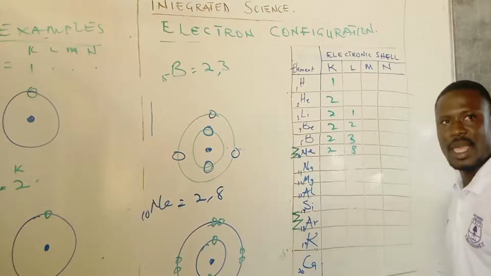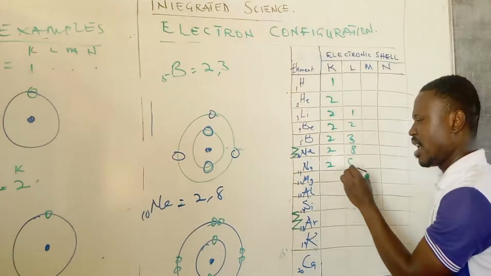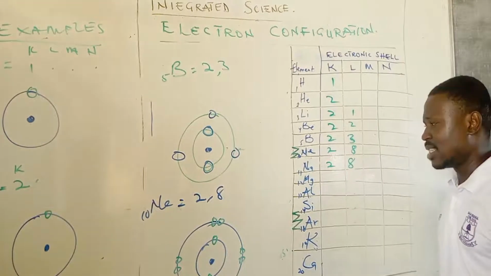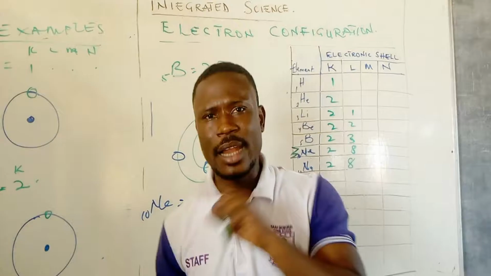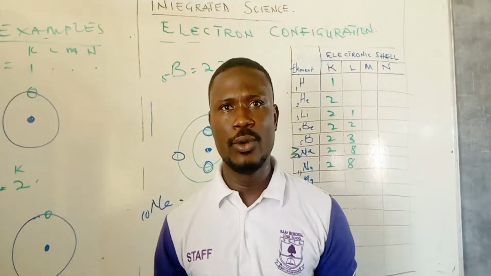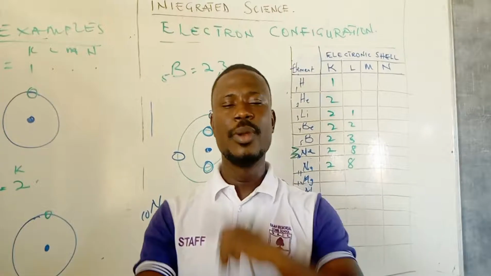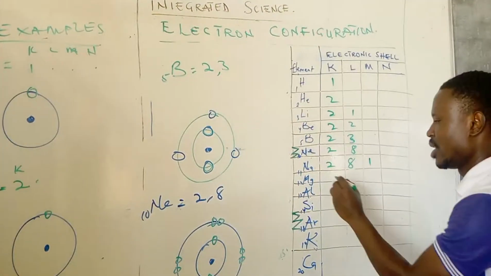Now we have argon, which is 18. So the first shell takes 2, the second takes 8, and the last 8. That gives us 18. Any other element beyond that, the excess electron would move to the next shell, which is the N shell.